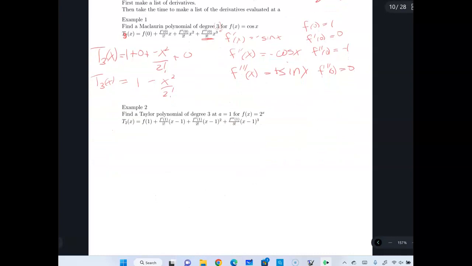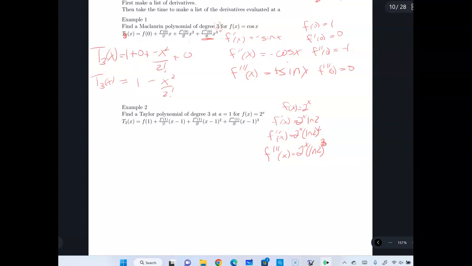All right, here we go. Let's write out our function. You know the derivative of 2 to the x is 2 to the x times ln of 2. Second derivative, I'd get another factor of ln of 2, so that'd be squared. Third derivative, another factor of ln of 2, so that'd be cubed. So we see the pattern.